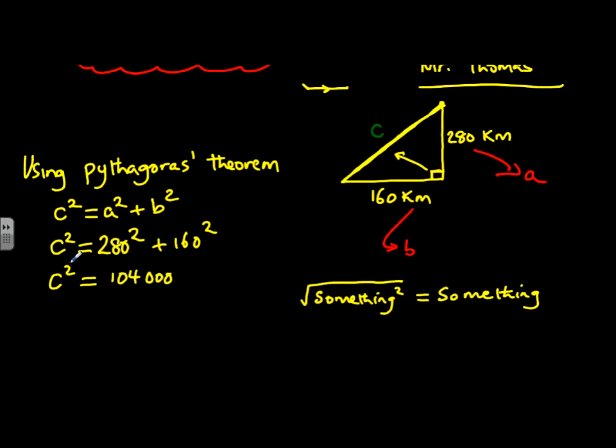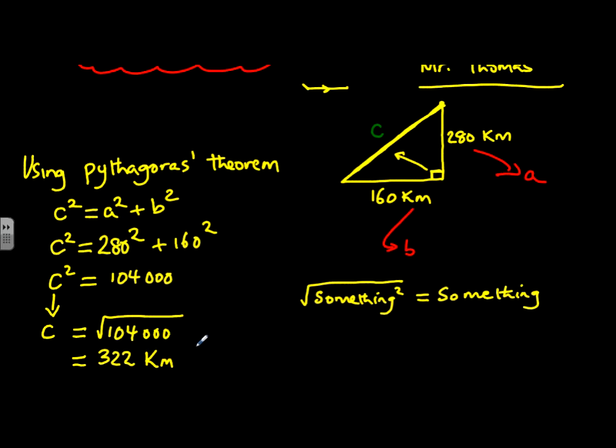So the square root of c squared is just going to give me c, which is equal to the square root of 104,000 kilometers squared. So that now gives me that c is equal to 322 kilometers, okay, because we're looking at kilometers in terms of our distance. So c is 322 kilometers.